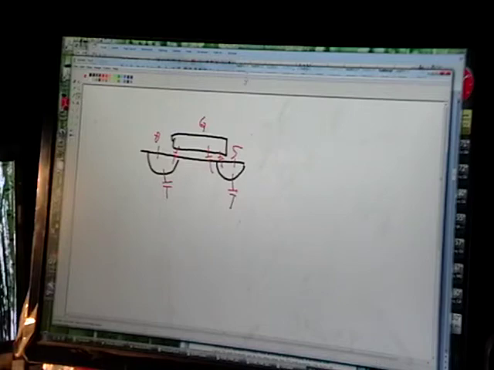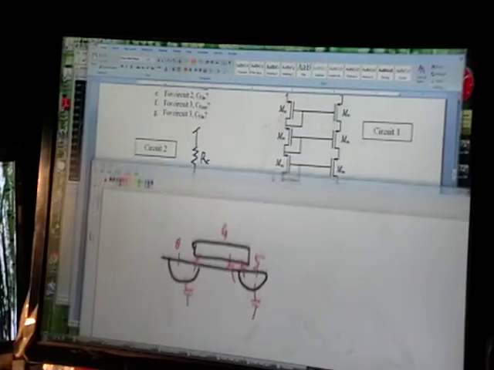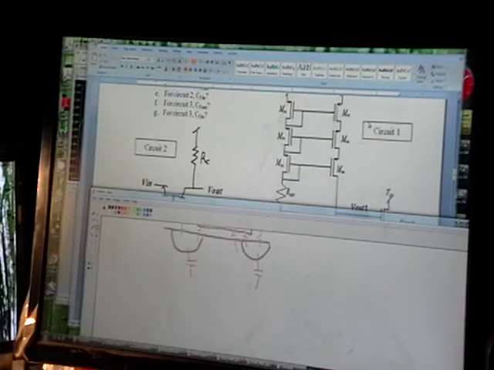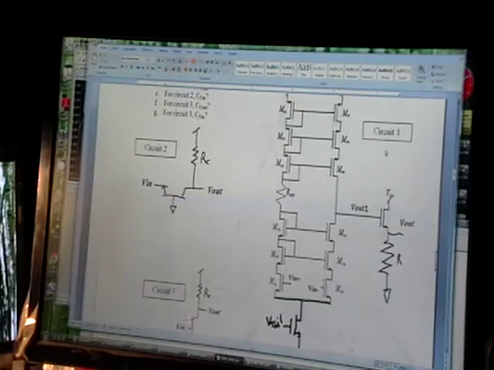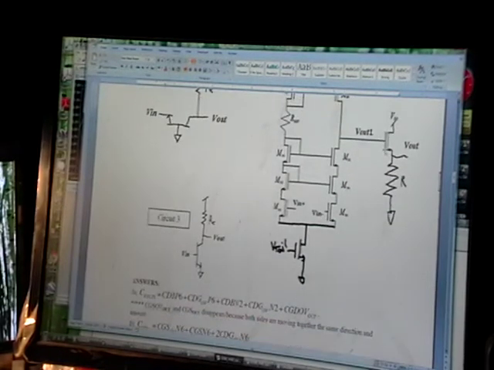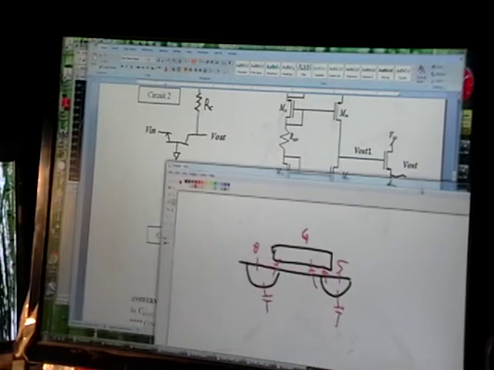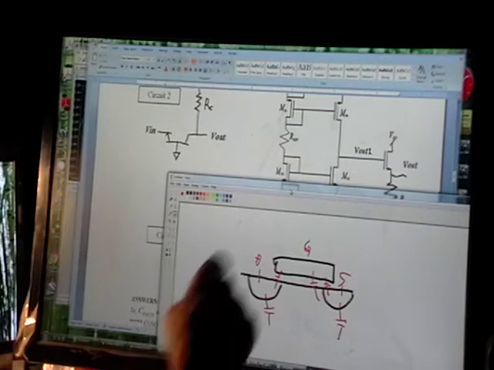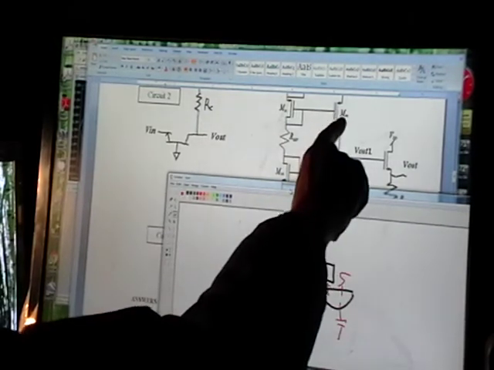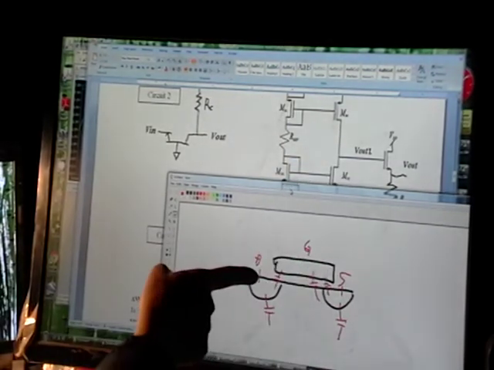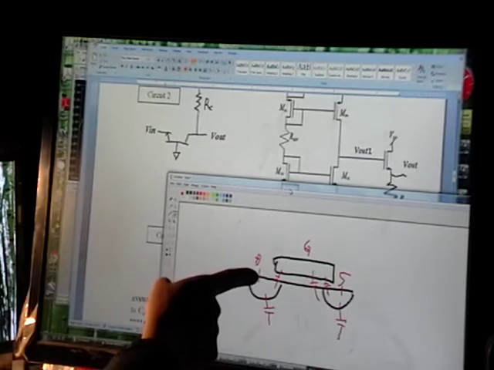Okay, so let's see what the question is here. It wants to know the capacitance at this node right here. If you go up, you hit a drain. So that means you're sitting here. On the drain, you see two capacitors.